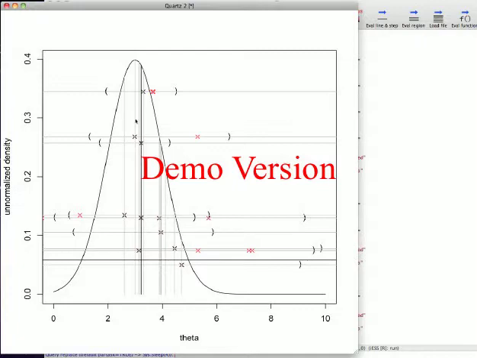Okay, and we're back at the top of the distribution. And what happens now? We keep getting these. Where will it be? Here we go.